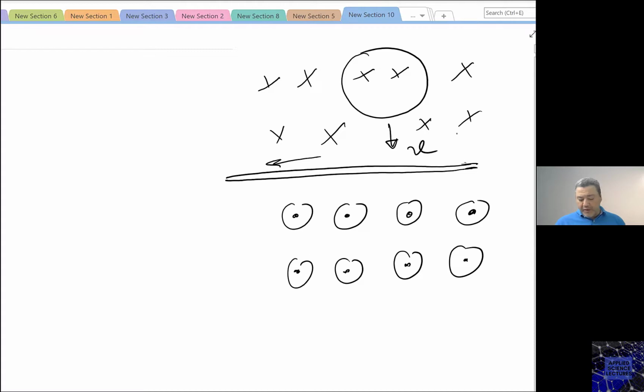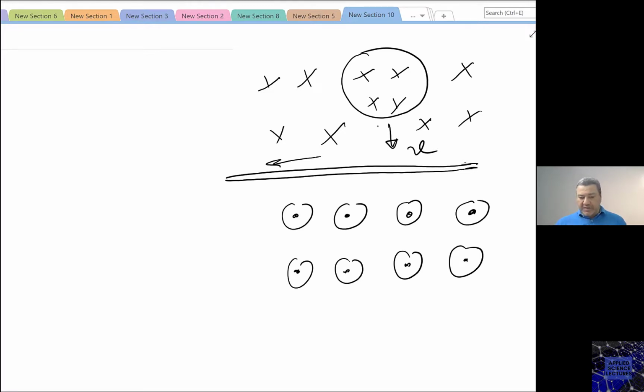Now, when this loop is falling in this direction, the magnetic field is pointing into the page, and the flux would be increasing into the page because it is coming closer to the wire.